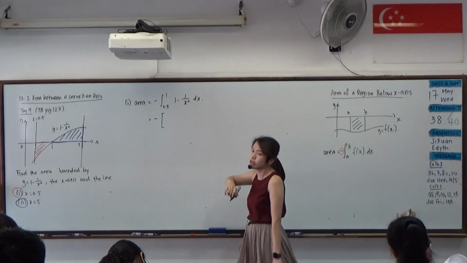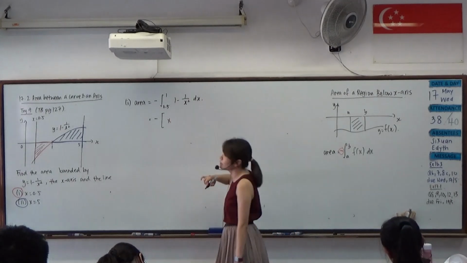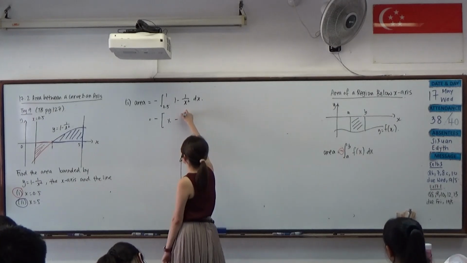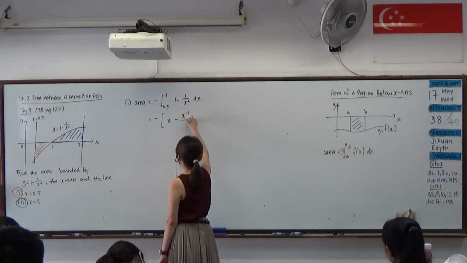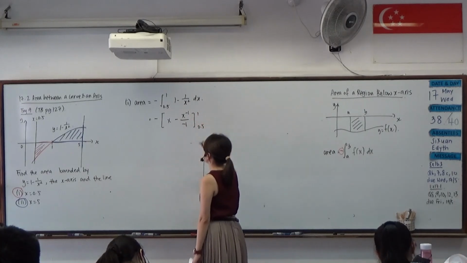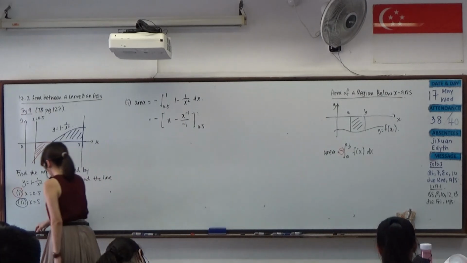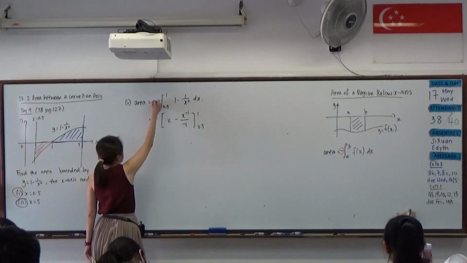Then we proceed with integrating. 1 will give us x. Integrating 1 over x squared, that will give us negative x to the power negative 1 or negative 1. Okay, so we leave the negative sign outside of our brackets.